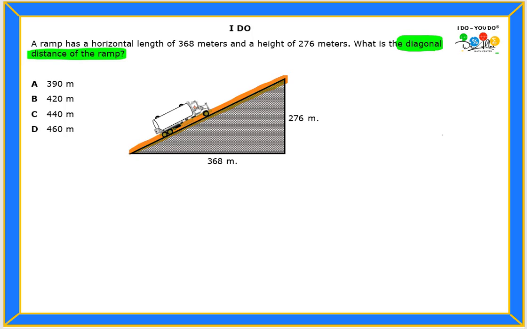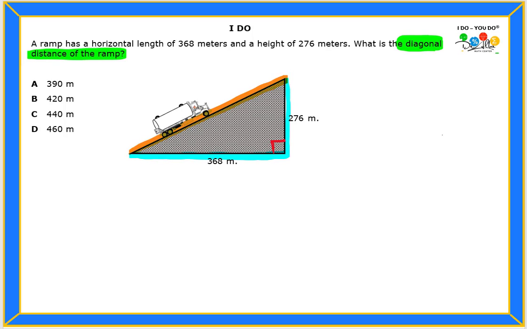That's the ramp. So I don't know if you can see, but if I look at these two sides over here and the other one that is making my triangle, I can see a right angle right there, right? This in here is a right angle.